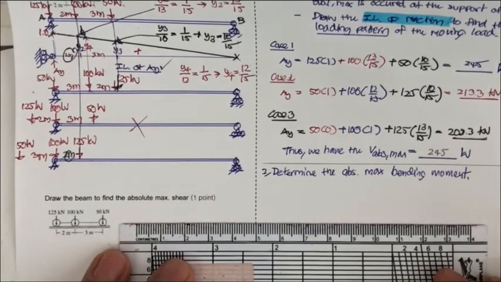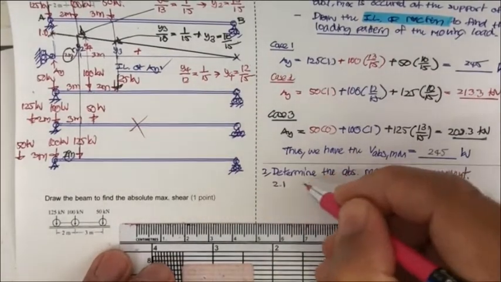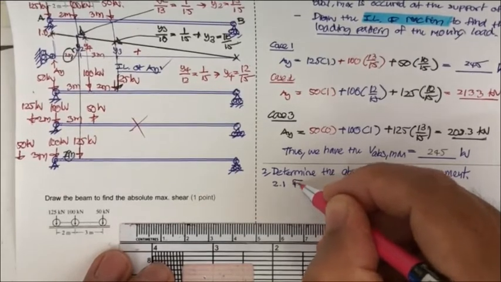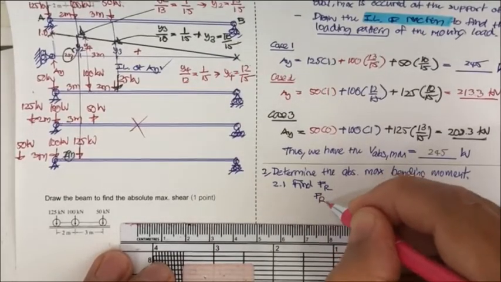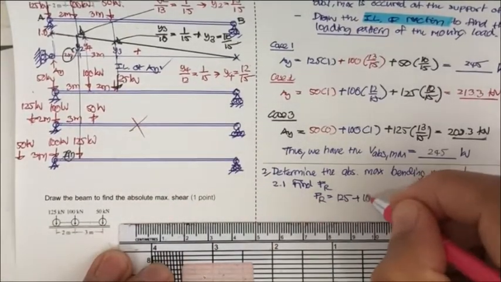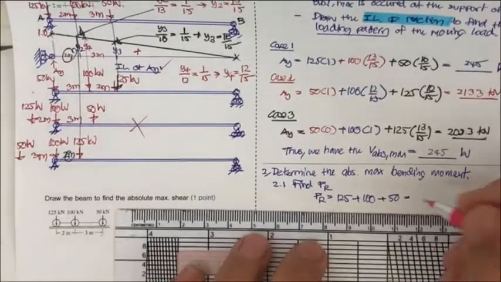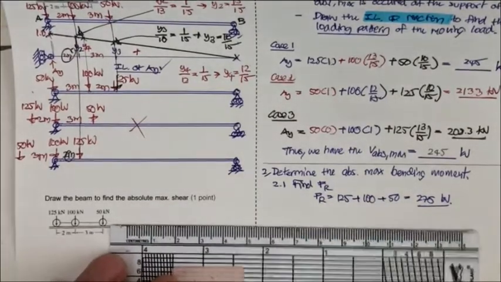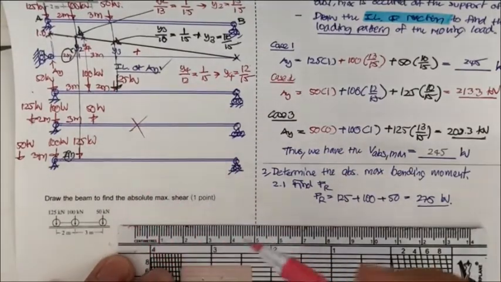Anyway, let me start by considering the first one, 2.1. We find F sub R. And then F sub R is going to be 125 plus 100 plus 50. You will get this easily to 275 kilonewton. Since this one is too small, let me put it at a bigger scale as we had before.